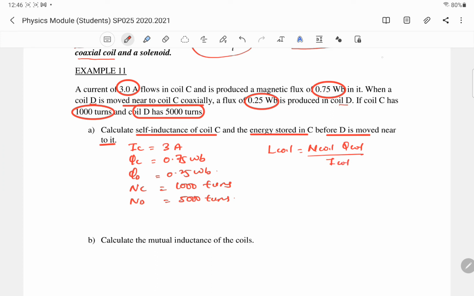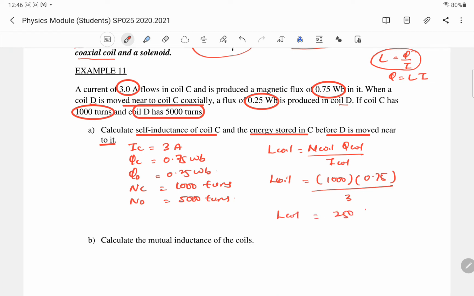Let us recall, what is L? L equals flux over I, since flux equals Li, so L equals N flux over I. So don't forget to put N for the number of turns for coil C, which is 1000, flux 0.75, I is 3. So L of coil C will be 250 Henry.